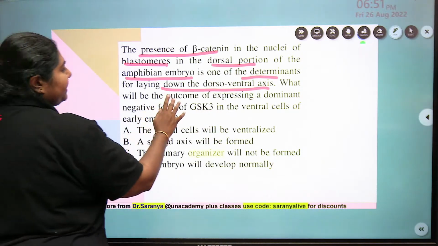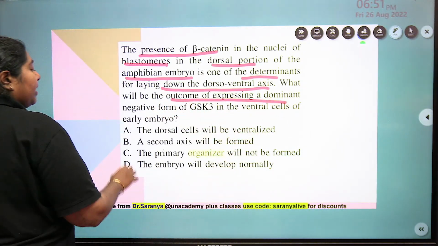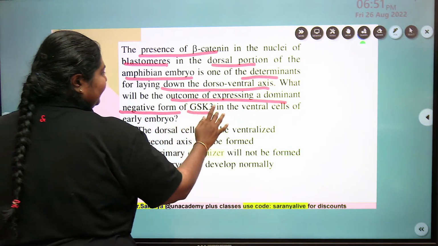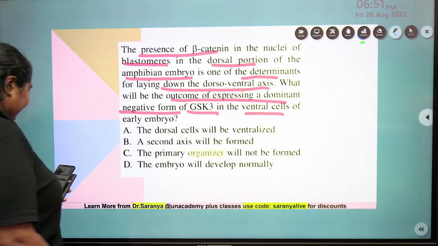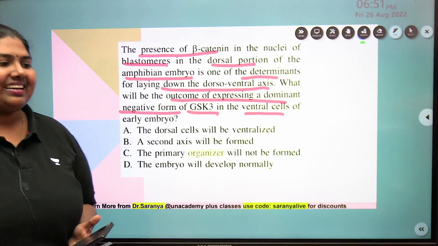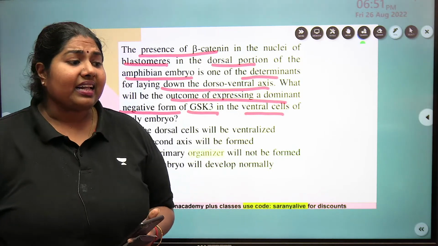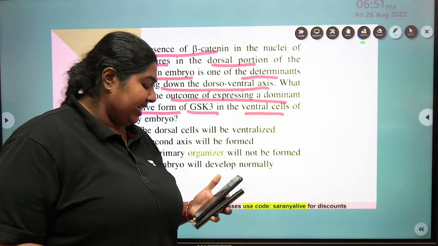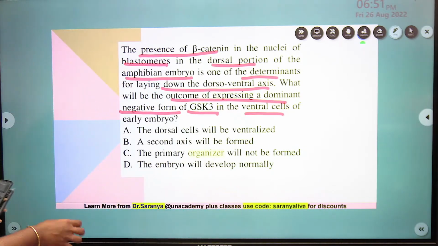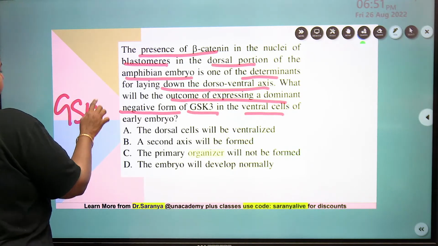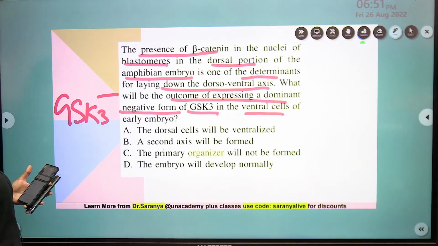So what will be the outcome of expressing a dominant negative form of GSK3 in the ventral cell? Just now we saw about your GSK3, isn't it? Right? So now think and tell me what will happen if this GSK3 is going to be mutated, a negative mutant. That means there is going to be no GSK3 at all in the ventral side.